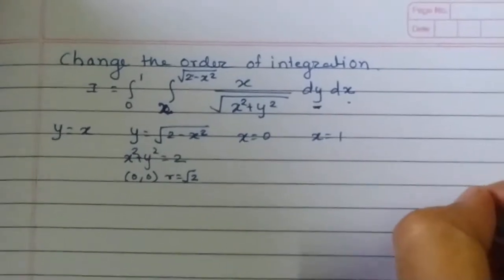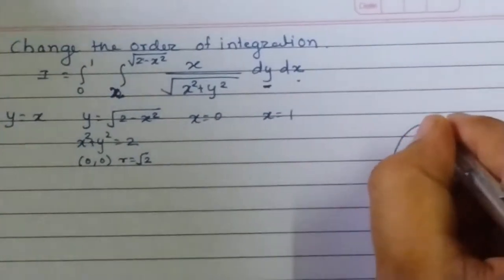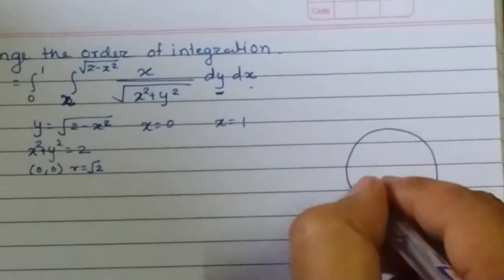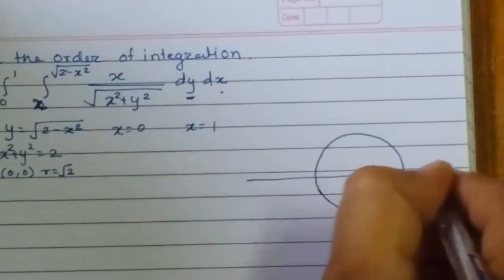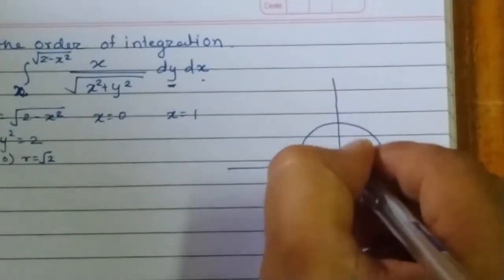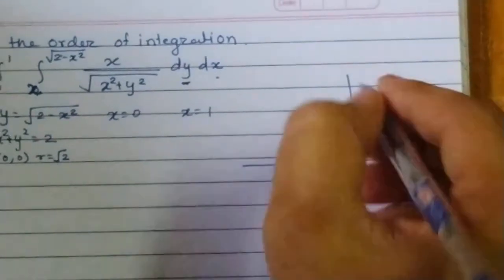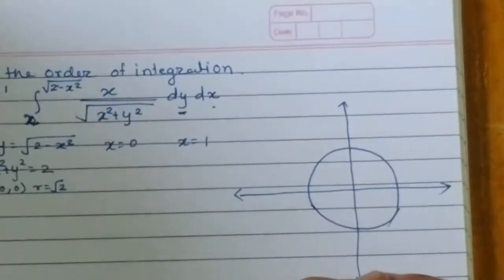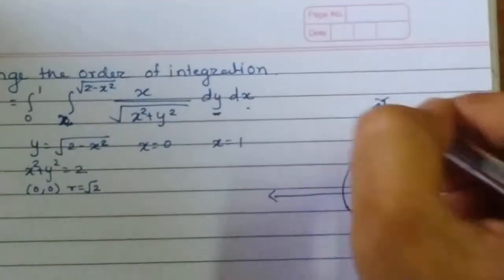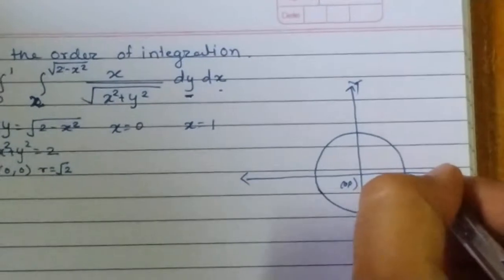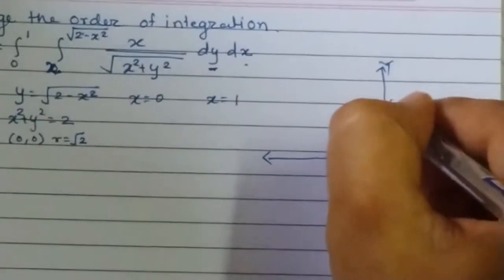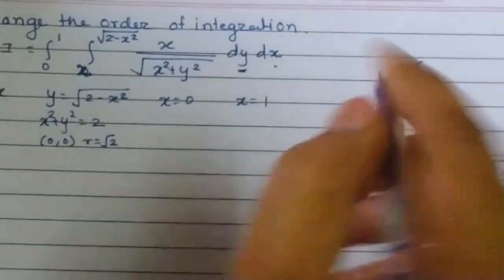Okay, so I am just going to draw a circle here. It is center at origin and the radius is root 2. So this is my x-axis, this is my y-axis, center at origin. This point will be root 2 comma 0 and this point will be 0 comma root 2.